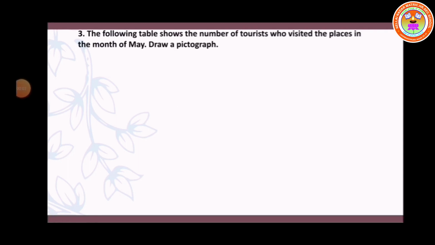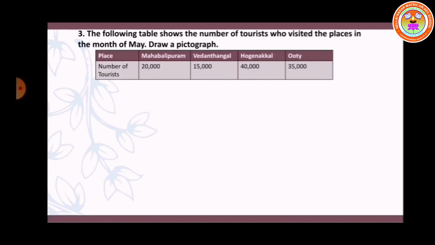Third question. The following table shows the number of tourists who visited the places in the month of May. Draw a pictograph. Here some data is given. Place, number of tourists. Mahabalipuram, Vedanthangal, Kodaikanal, Ooty. In Mahabalipuram, 20,000 tourists.